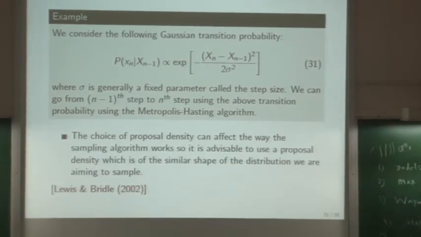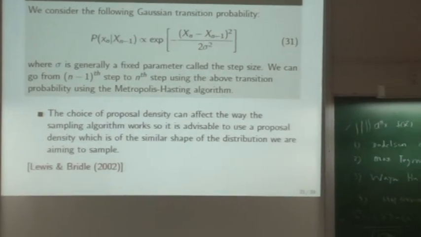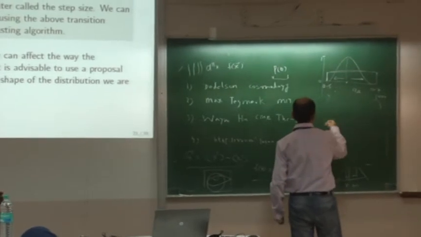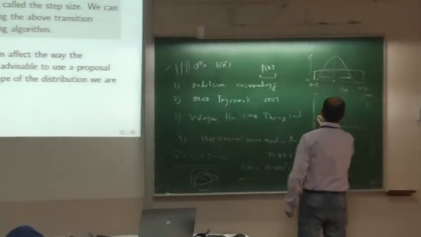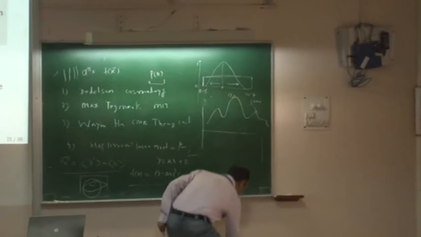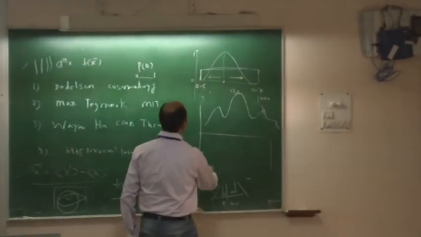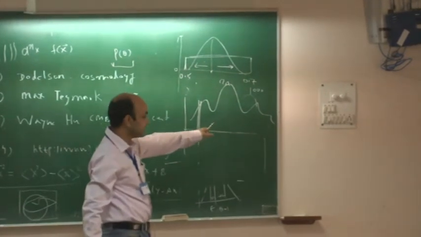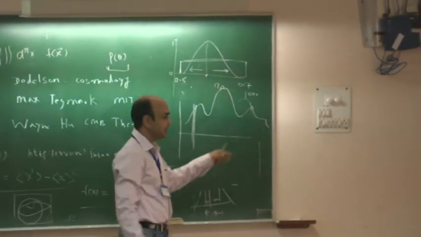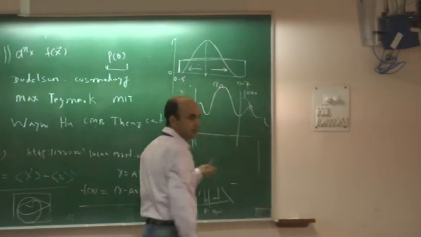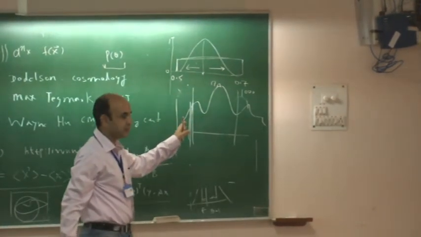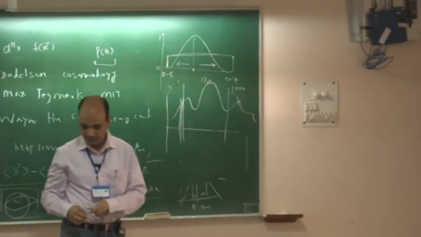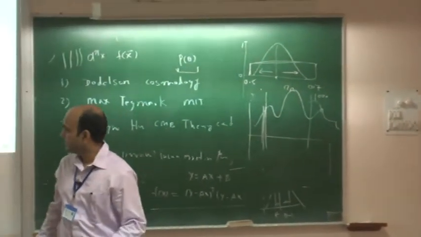Like if you have a function and you do very narrow sampling of it, like in numerical integration, it will take unnecessarily too much time. But if you take too big a jump, that is also not good. You will miss these features in between. So that has to be decided carefully.